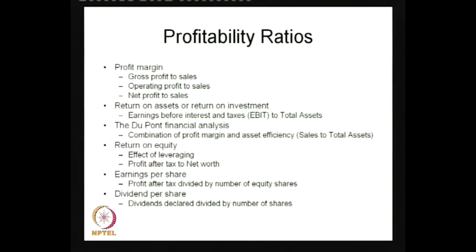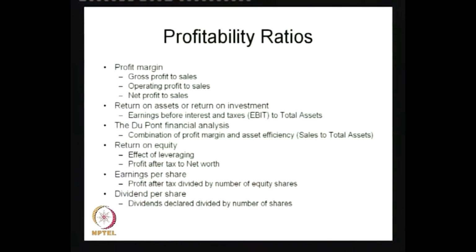Then we have the next ratio, called net profit to sales, also known as net profit margin. Net profit margin is nothing but the profit after tax, after taking care of all the expenses: operating expenses, any other non-operating expenses, interest expense, financial expense and tax. Whatever profit is left over is known as net profit, and net profit to sales is popularly known as the net profit margin.